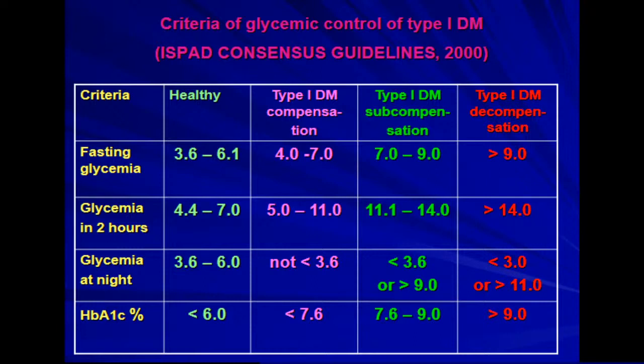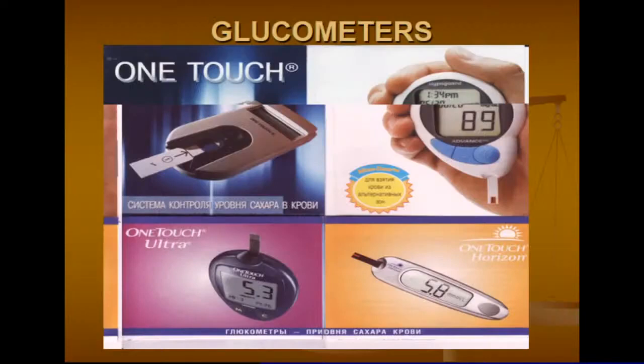Glycosylated hemoglobin, this test is an indicator of blood sugar control during 2 to 3 months. These are glucometers.